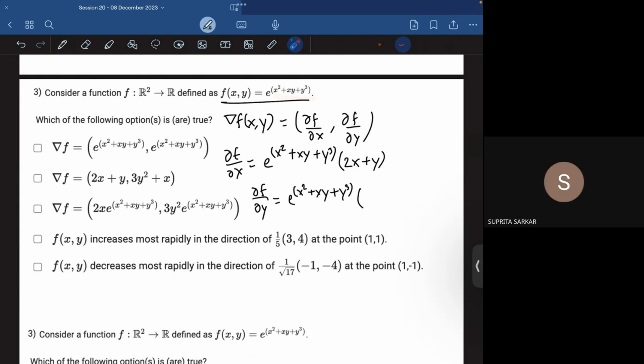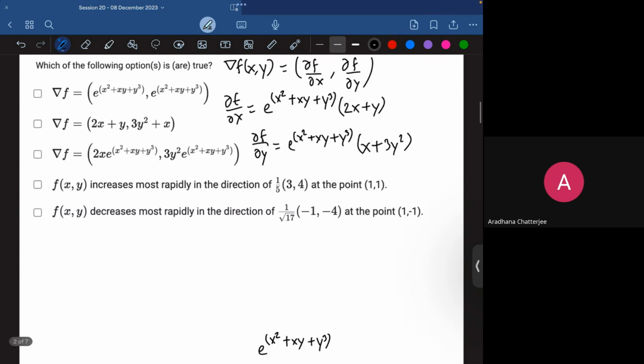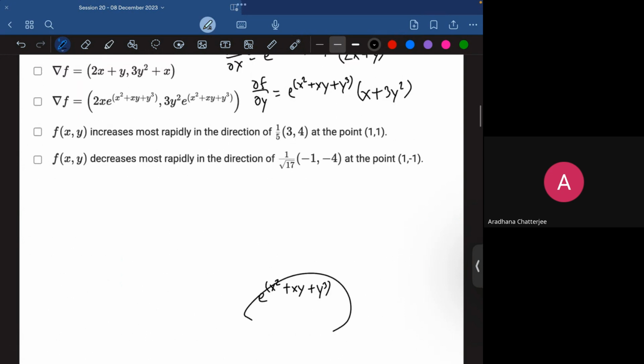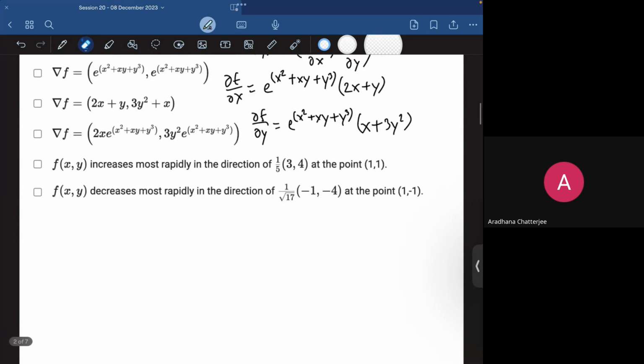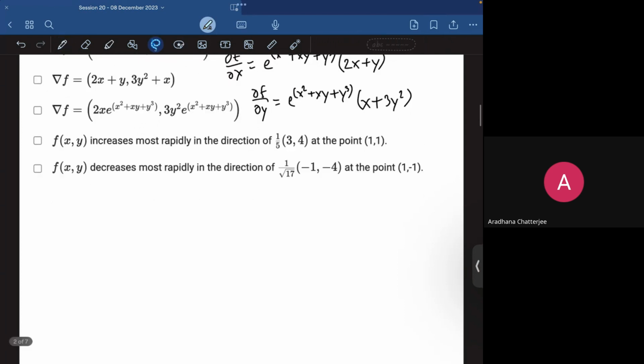Correct, because x is being treated as a constant. So this is just going to be the constant times 3y square. Okay, so now the gradient, I'll just write it here. The gradient is just a vector with these two values.